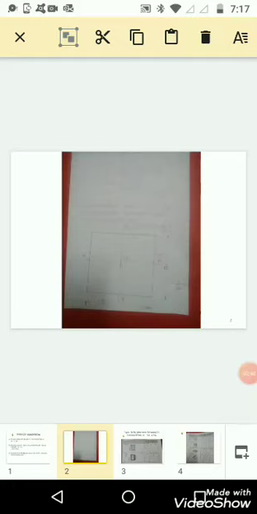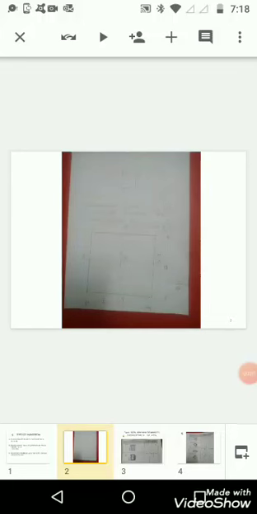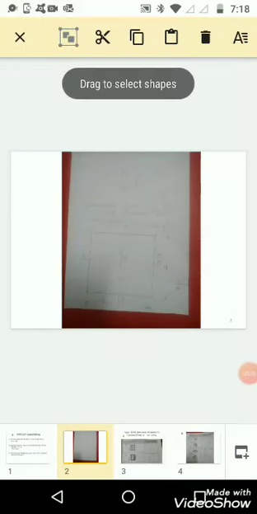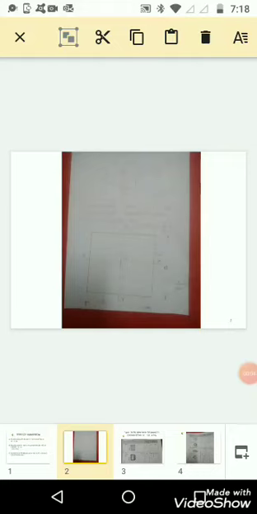If you look at the diagram below, we have a rectangle having width B, depth D. Here again we have two axes, XX passing through G, that is centroid, YY passing through G centroid. So both XX and YY are centroidal axes.